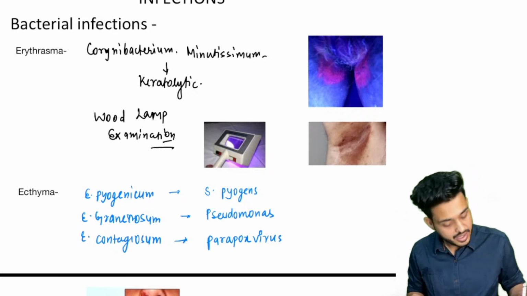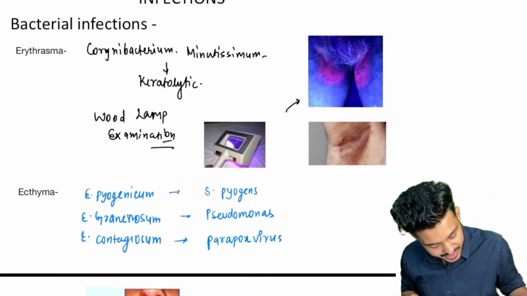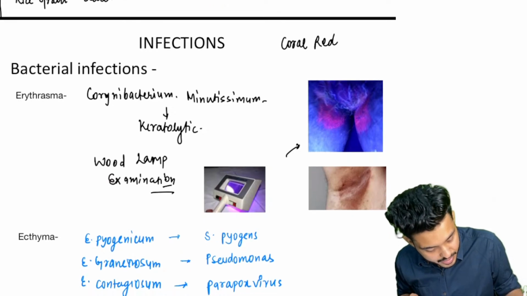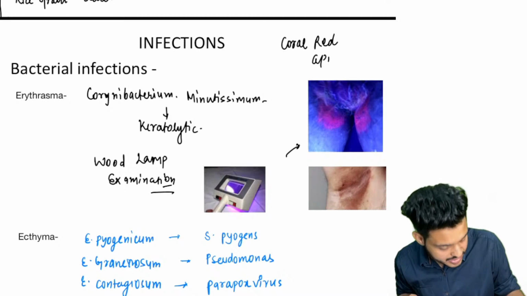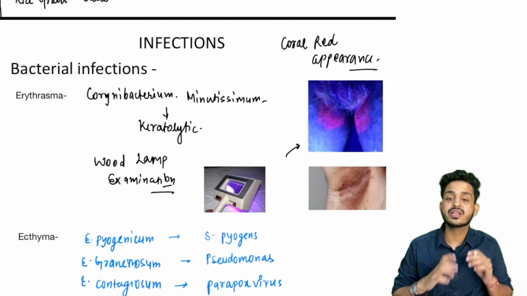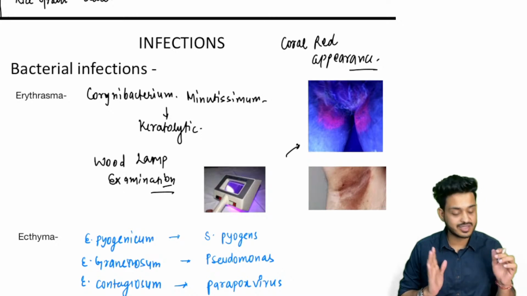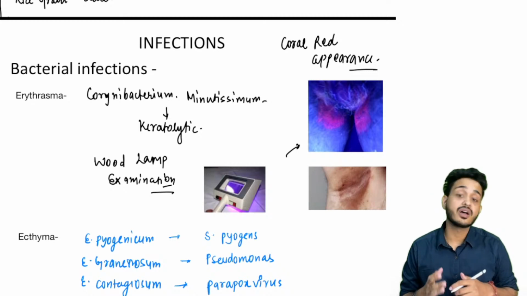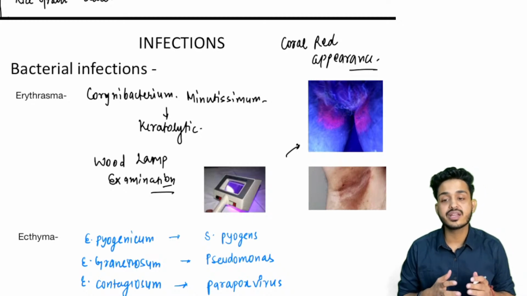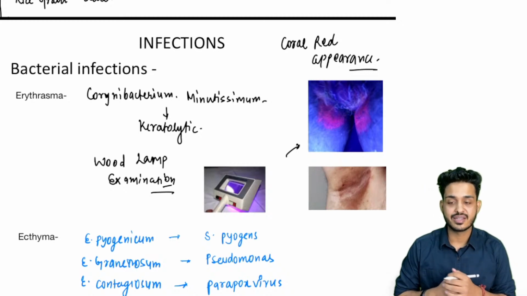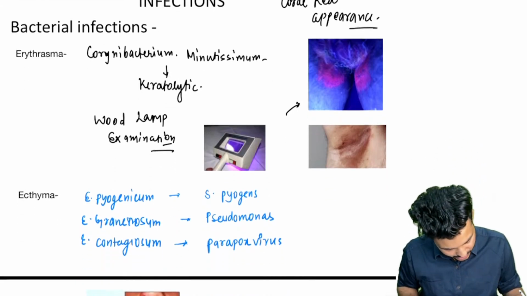You will find the appearance known as coral red appearance. What kind of appearance will you see? A multiple times asked question: the coral red appearance is seen in erythrasma. Erythrasma is due to Corynebacterium minutissimum, which produces keratolytic enzymes.